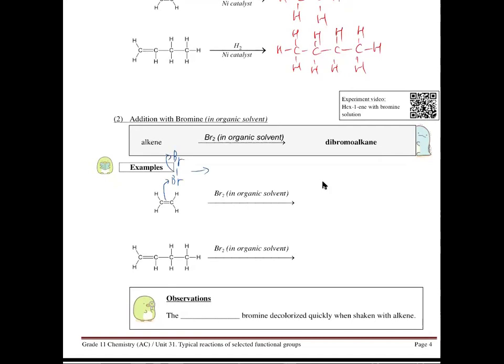And then it will form the carbocation and also the bromide. Remember to draw your arrow from the minus to the positive, the positively charged carbon, and then it will give you the product. So that's in organic solvent.